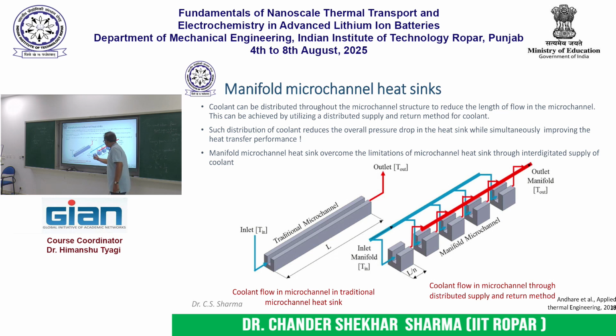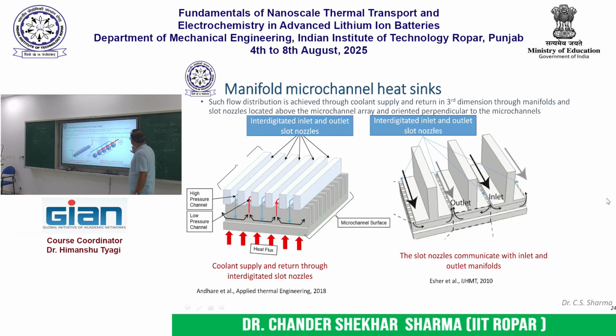So the flow length in the microchannel gets limited, and this significantly reduces the pressure drop, okay. So this is a schematic of how it can be done, but in reality this is the architecture.